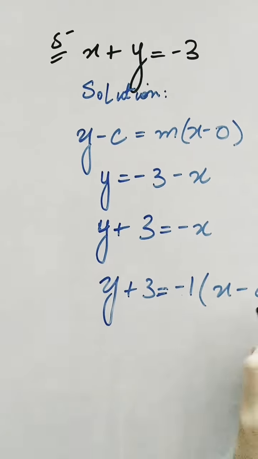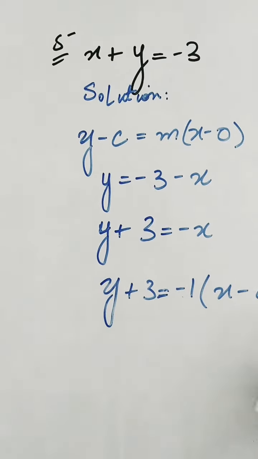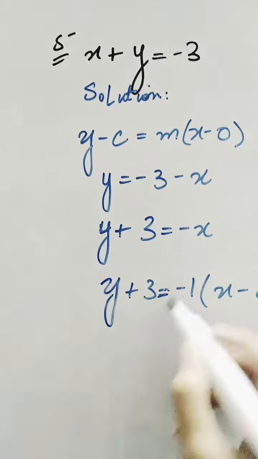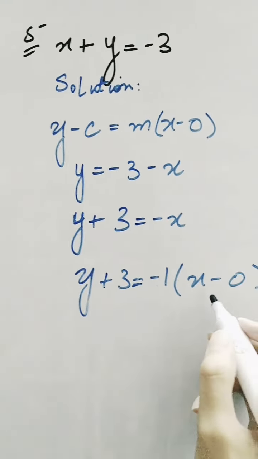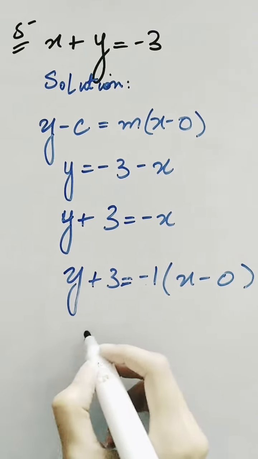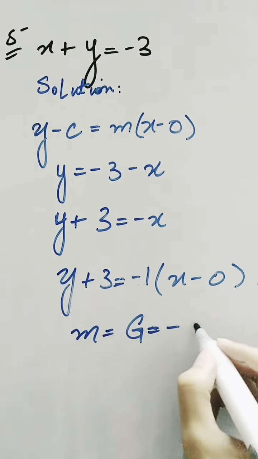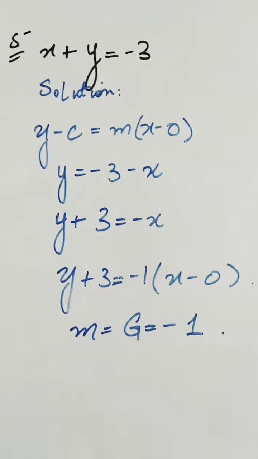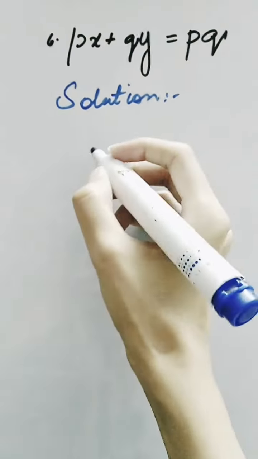Here, as minus 1 times x is minus x, and minus 1 times 0 is 0, the equation remains the same. So we can write it in this format just to find out the gradient. So the gradient is minus 1.